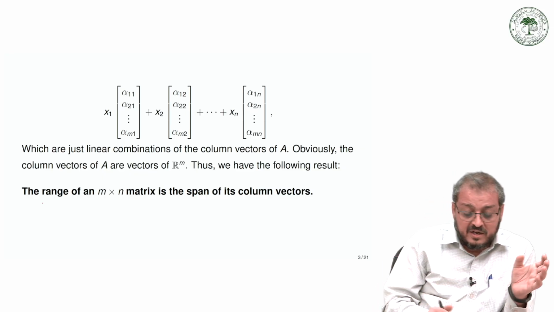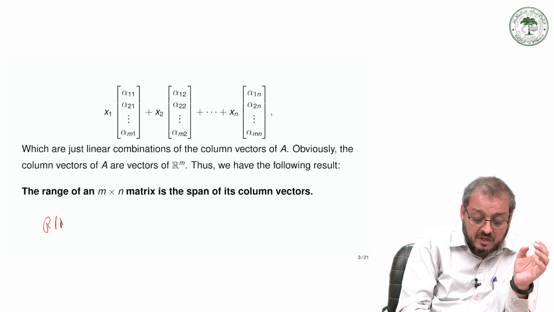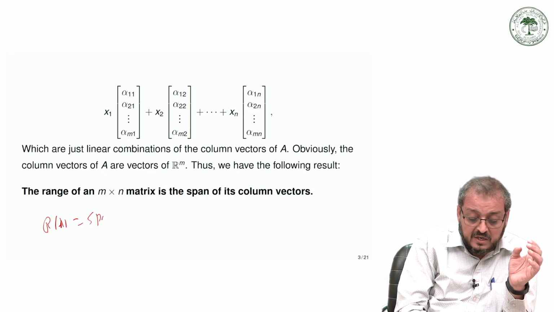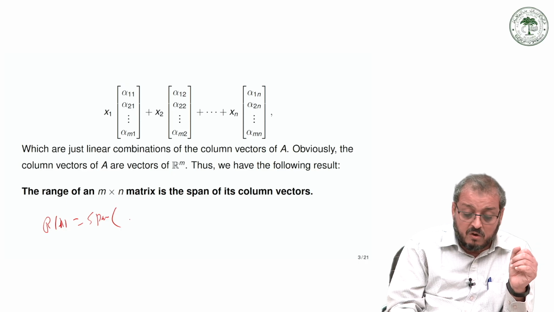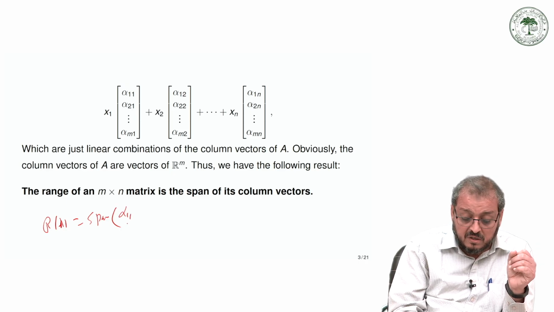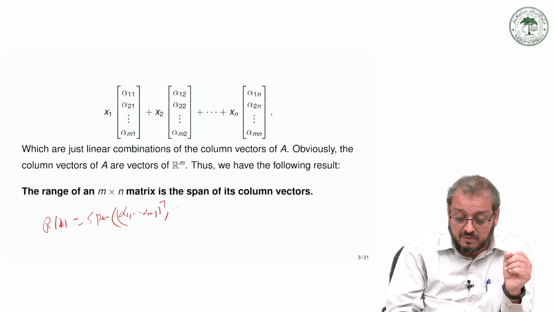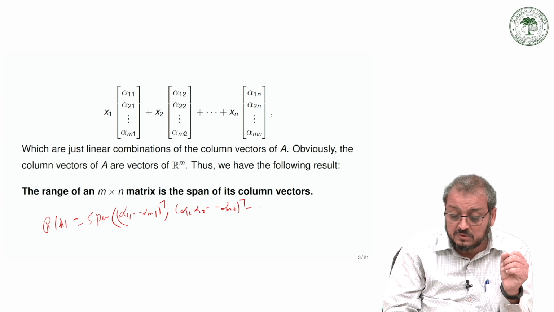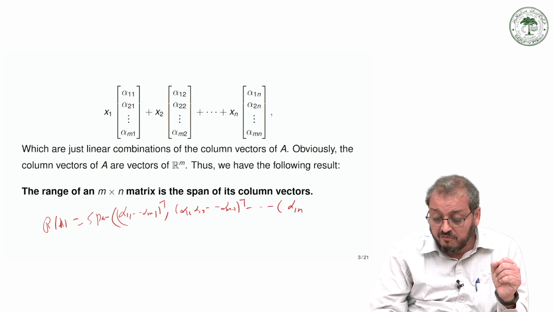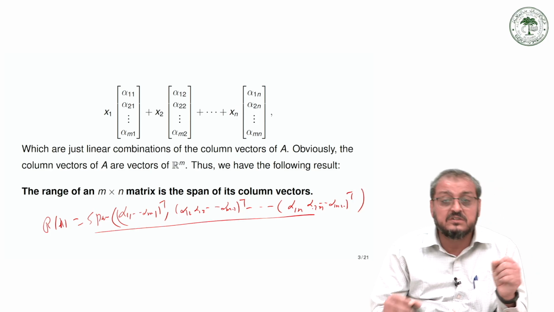This means the range of A is the span of the column vectors (alpha 11 to alpha m1) transpose, (alpha 12, alpha 22 up to alpha m2) transpose, and so on up to (alpha 1n, alpha 2n up to alpha mn) transpose.